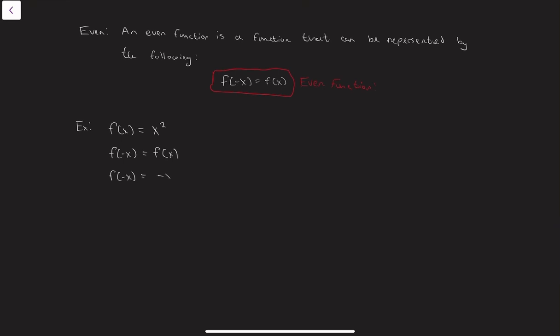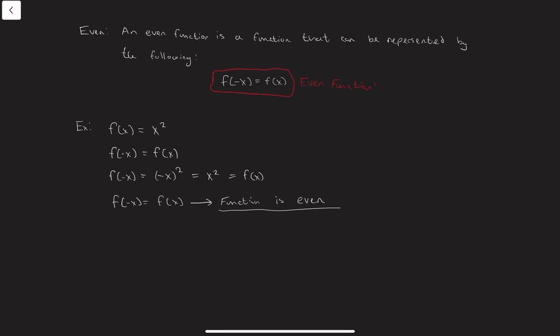So we have negative x, and we square this value. That turns out to be x squared, just from the rule of squaring, and that is equal to f of x. So because f of negative x equals f of x, and that is true, we can say the function is even.